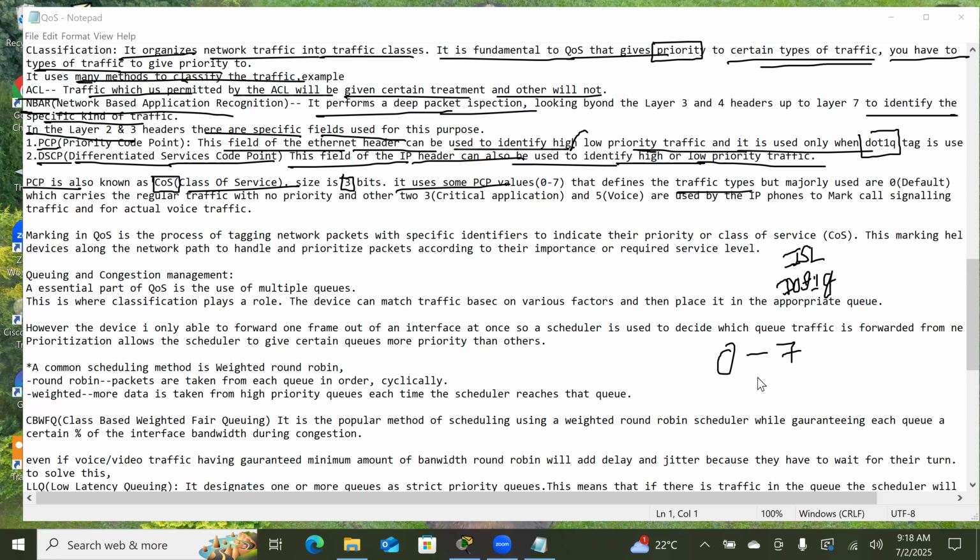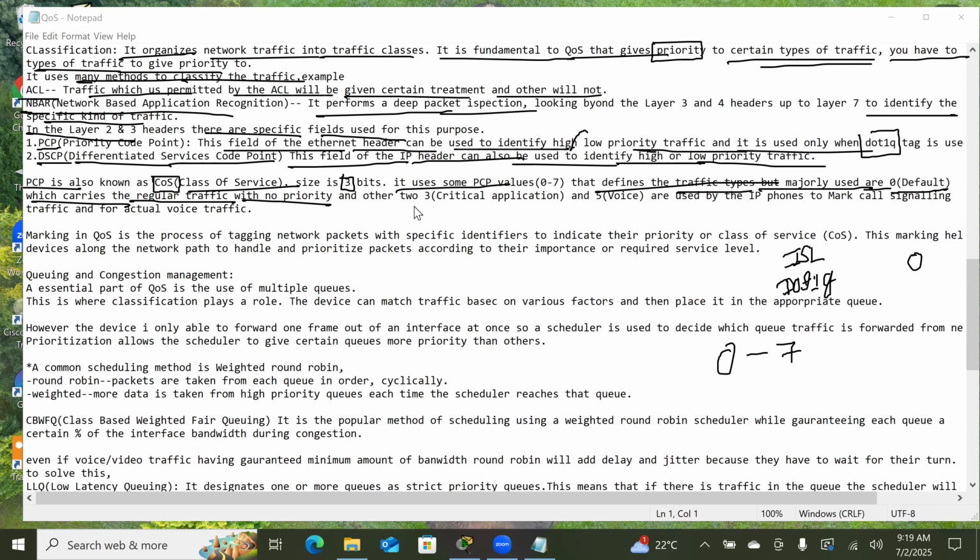In which case it uses 0, in which case it uses other numbers, that defines the traffic type, but the majorly used ones are 0, the default one, which carries regular traffic with no priority. If the PCP value is 0 in an Ethernet header, that is totally normal data, which doesn't have any kind of priority, so it should be treated as normal.